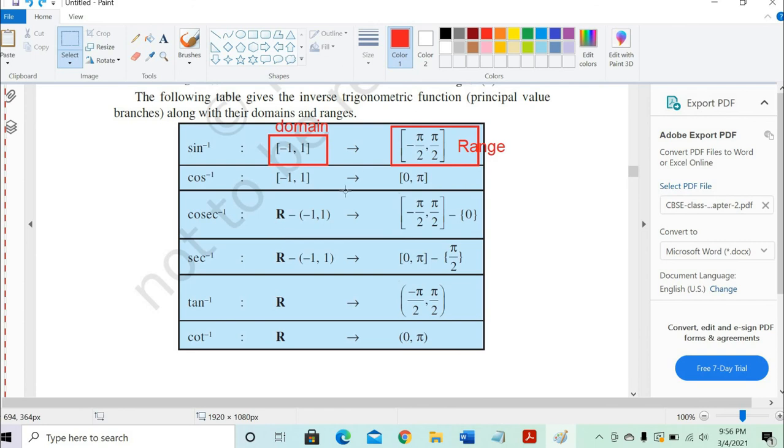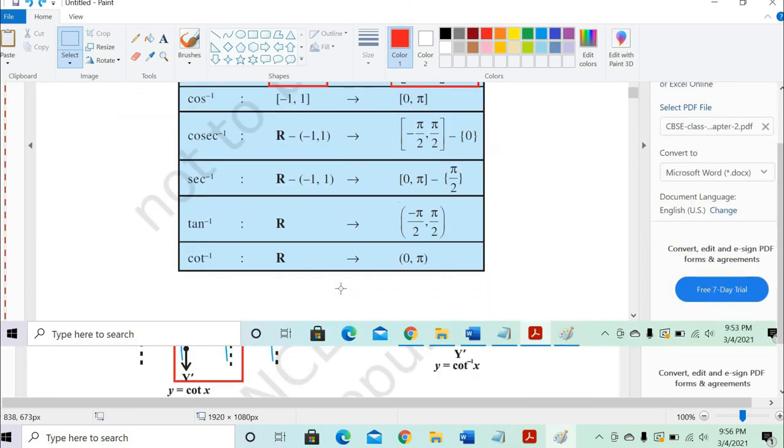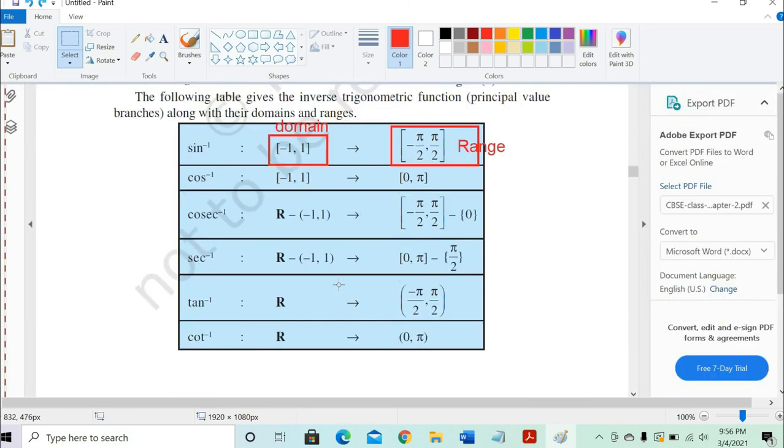Correct? And cot inverse: the domain is all the real values and the range is 0 to pi, in which 0 and pi are not included. All the values between 0 to pi.